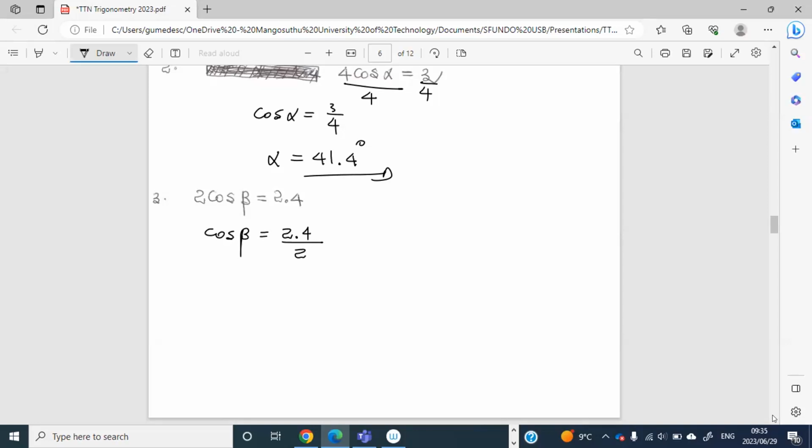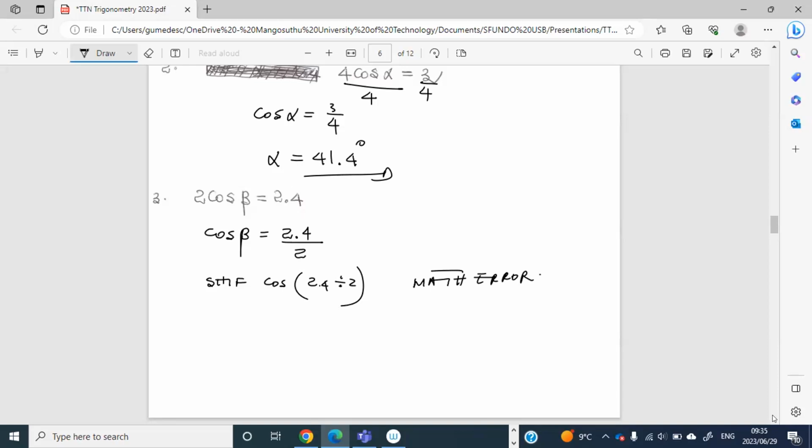So what I'll do, I'll say shift cos 2.4 divided by 2. What am I getting? In my calculator, I see math error. So it doesn't want to give me an answer in this case.